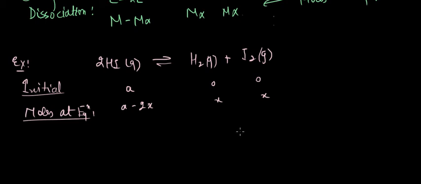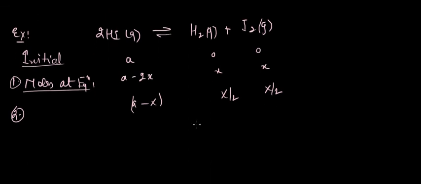By the way, this was the first method, in which we are concerned about the moles at equilibrium. We can also write it as A minus x, x by 2 and x by 2. This is part of the same stoichiometric method, where we write the moles at equilibrium.